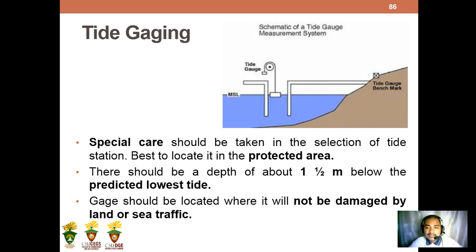Dapat sa pinaka the best na location ibutang si tide gauge. And dapat is protected siya from falling debris or walking passengers, or di nimo dapat siya ibutang sa crowded nga places, no? Dapat safe siya. And there should be a depth of about 1.5 meters below the predicted lowest tide.